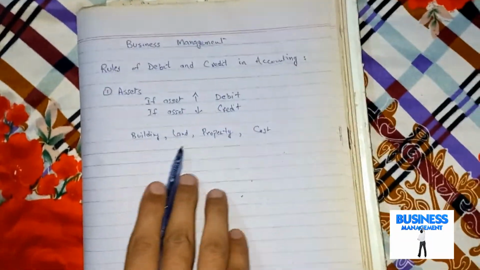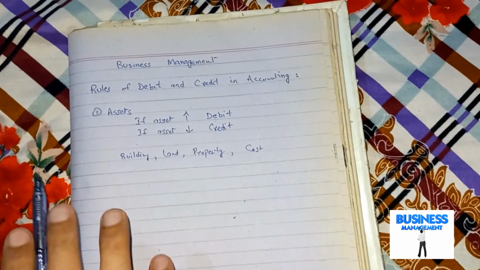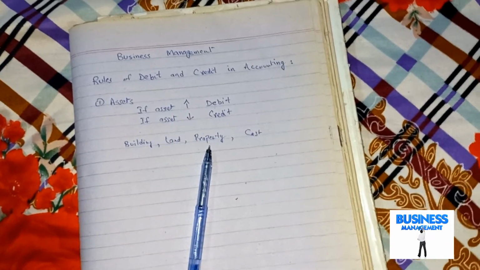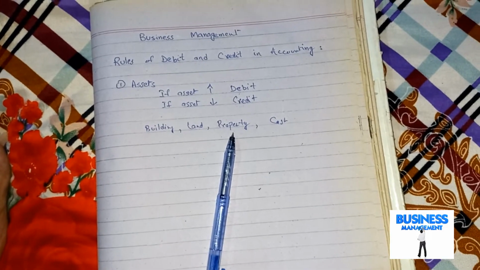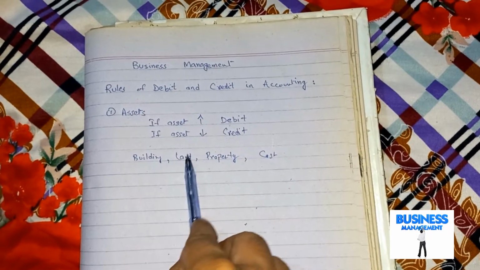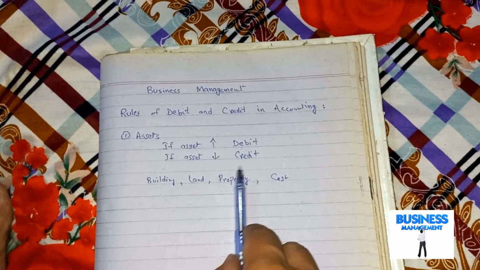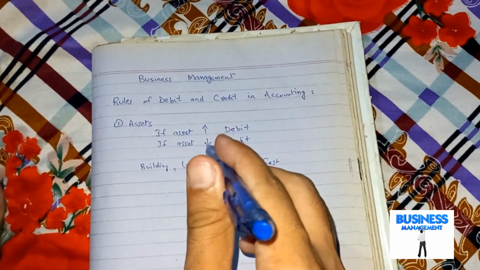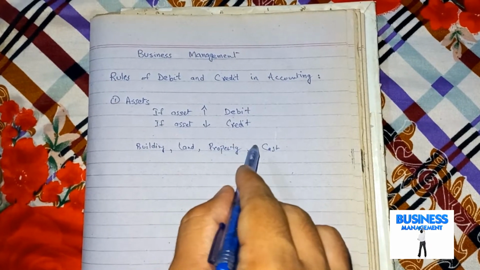When these accounts increase, this will be the debit side, and if these accounts decrease, for example, if cash is decreased, or we sell the property or land or building, so these assets are decreased. If the assets decrease, this will be booked on the credit side of the book. So this is the rule for the assets for debit and credit.